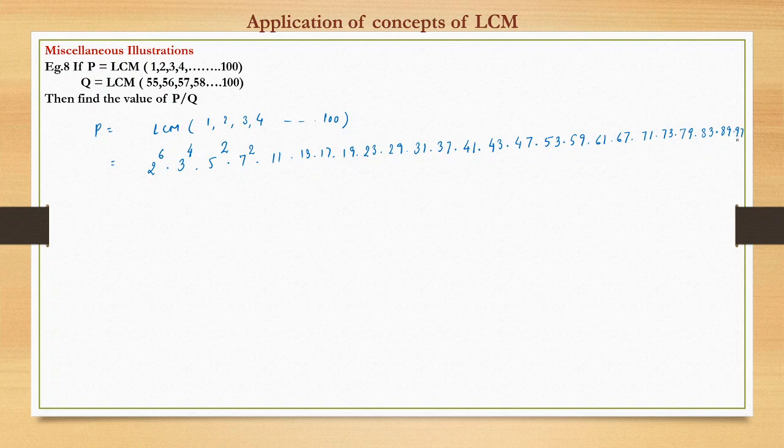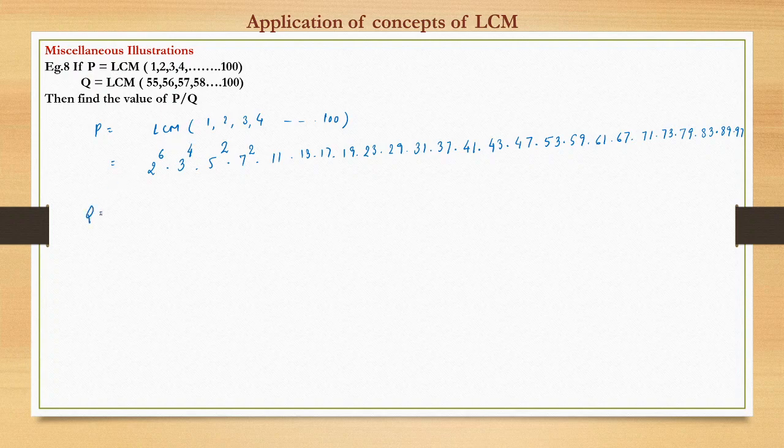So that's it, I believe. These are the only prime numbers, right? Counting them: 1, 2, 3, up to 25. We know there are 25 prime numbers between 1 to 100. So this is the LCM of P.